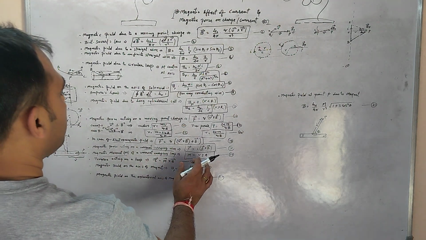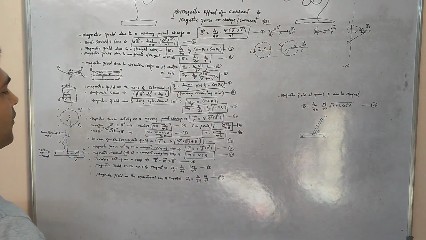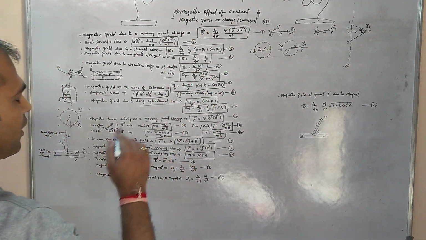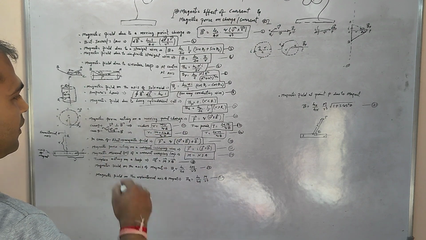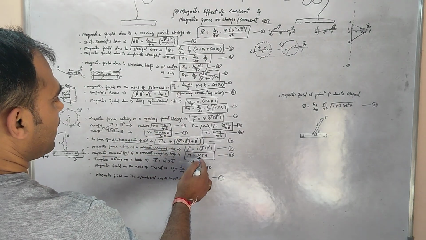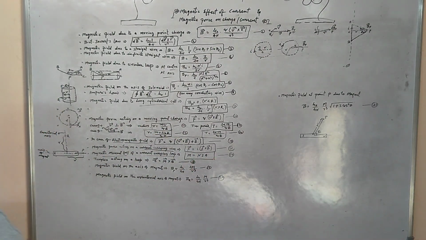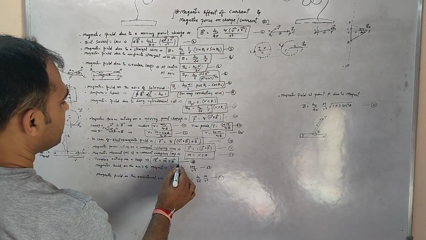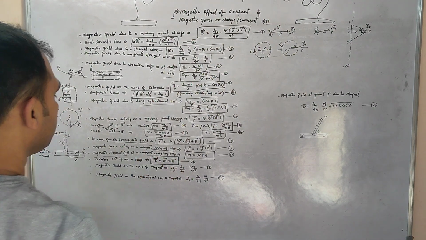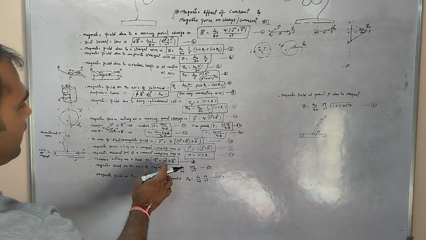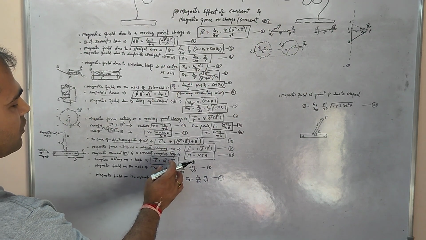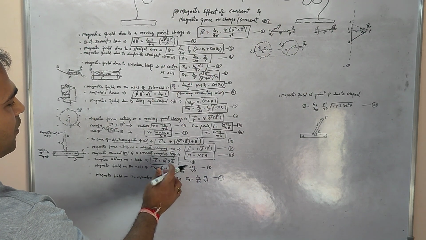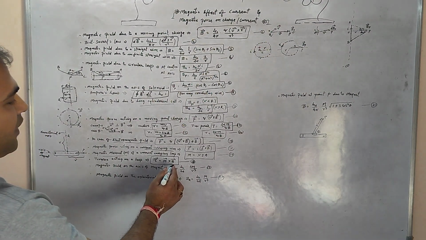For a single loop it will be IA only. If there are n number of loops, any coil, then it will become NIA. Now torque acting on a loop will be magnetic moment vector cross magnetic field.